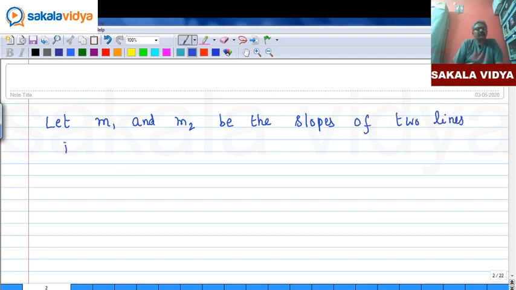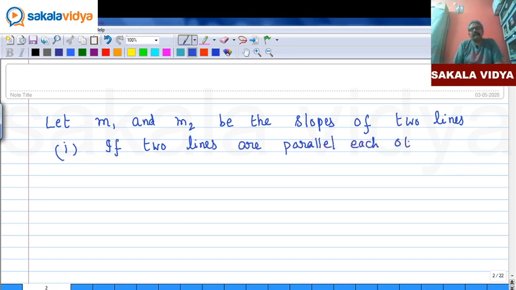First point, if two lines are parallel to each other, then their slopes are equal, m1 equals m2.